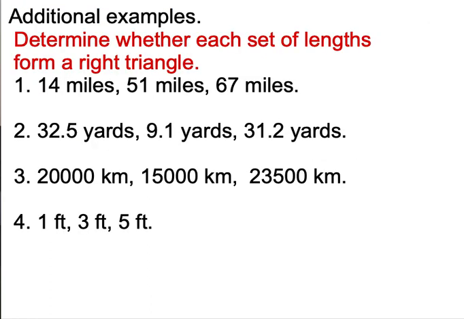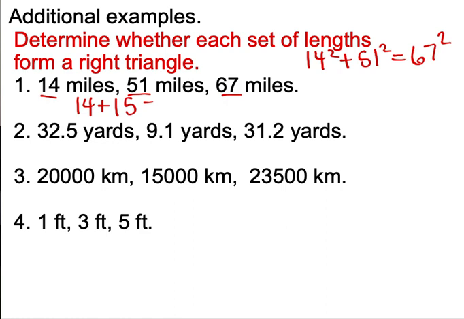Here's some additional examples. Determine whether each set of triangles forms a right triangle. Now, to be kind of clever on that first one, 14 miles, 51 miles, and 67 miles. You can set that up this way and check to see if it works. But I already know it's not going to work without even trying that, because the two shorter sides in a triangle, as we learned in 7th grade math, oops, that's not 15, that's 51.